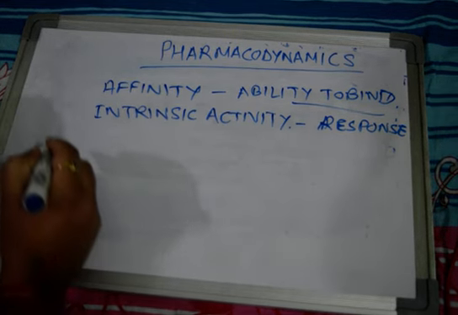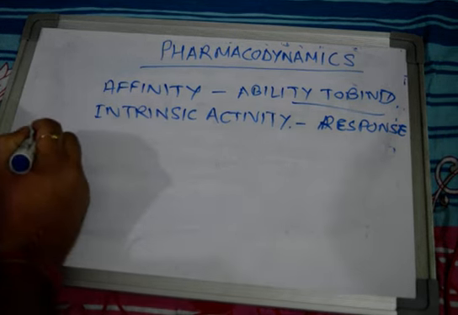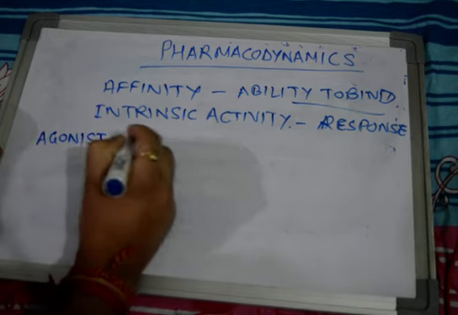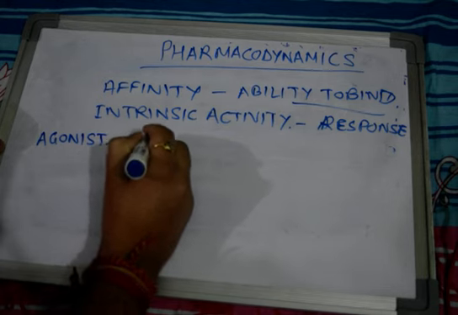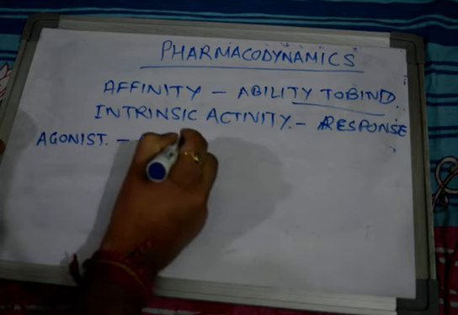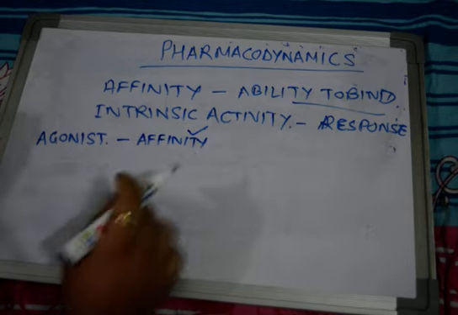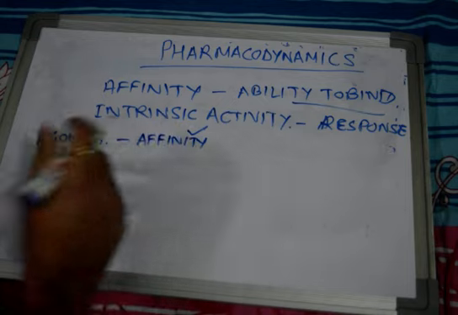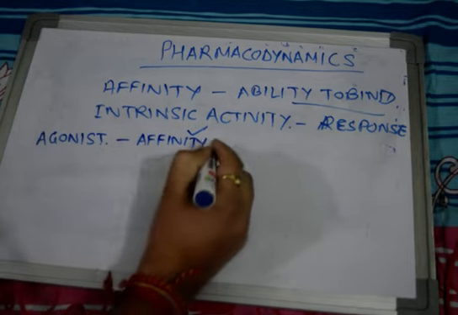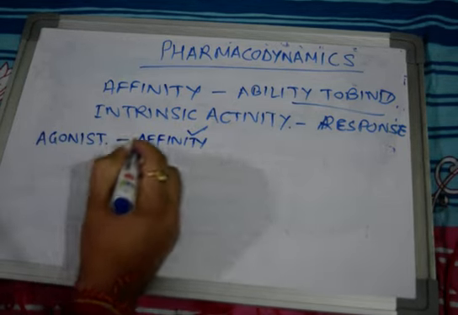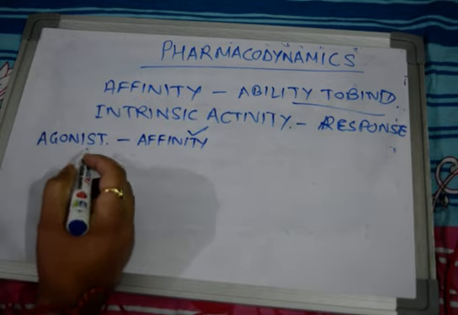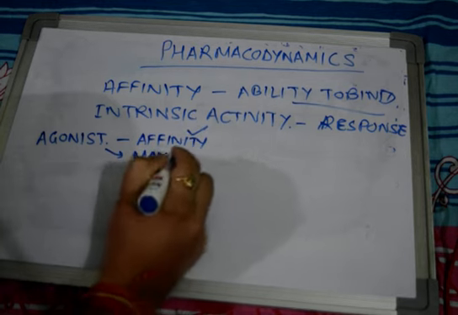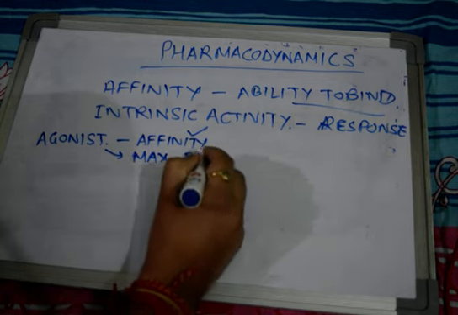Now as we are talking about agonist, obviously it has to have an affinity, because only if the affinity is there can the agonist bind to the receptor. So affinity has to be there, and since I told you that agonist shows a full response, it will also have a maximum intrinsic activity.